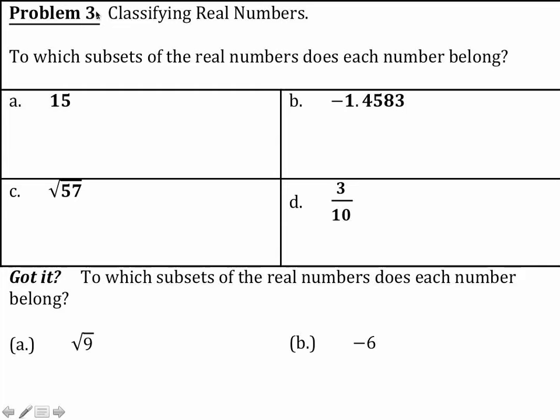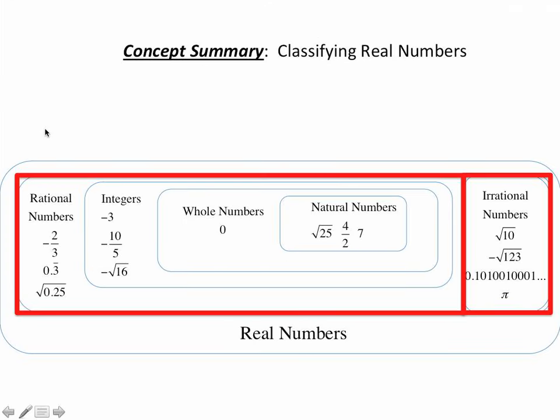So here in problem 3, to which subsets of the real numbers does each number belong? So if I look at 15, all right, and I go back to my diagram. Well, 15, he's a normal number, right? When I started counting 1, 2, 3, 4, all the way up to 15, he's a natural occurring number. He is also included into a whole number because these are included in these.